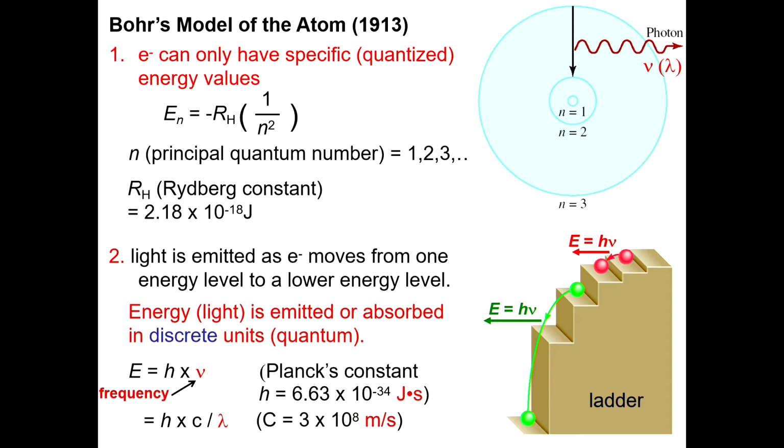And the energy is emitted or absorbed in discrete units. Discrete also means quantum. So when the electron moves from outside to inside, it releases energy, right? But of course, some electrons can also move from inner orbitals to outside orbitals, right?